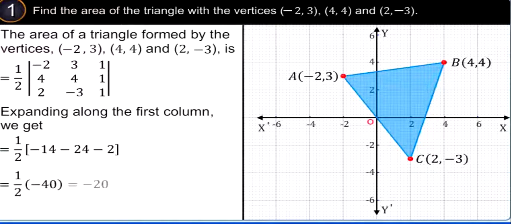-20. This means the area of the triangle is negative, which is not possible.